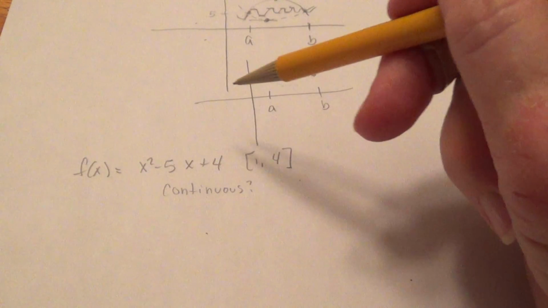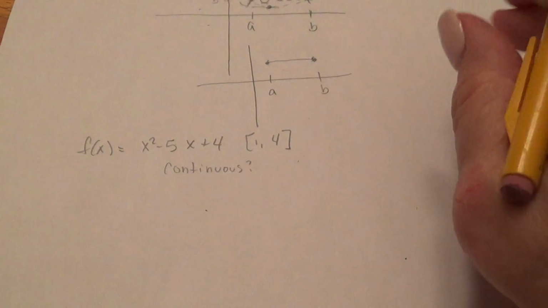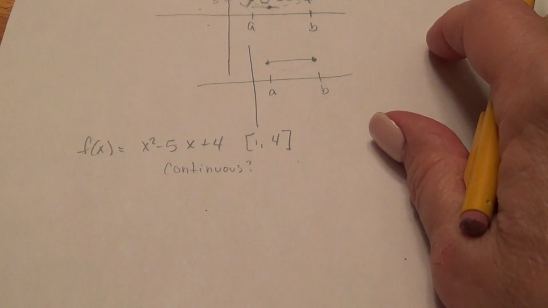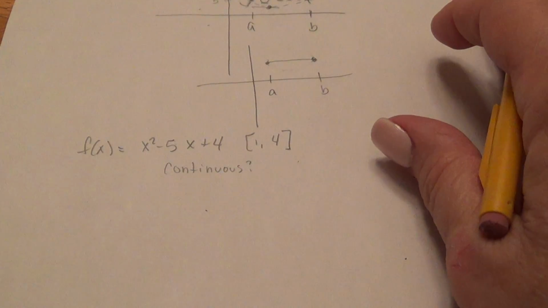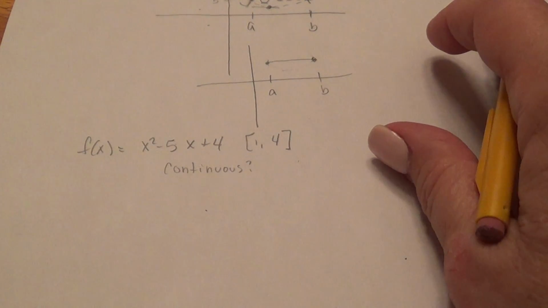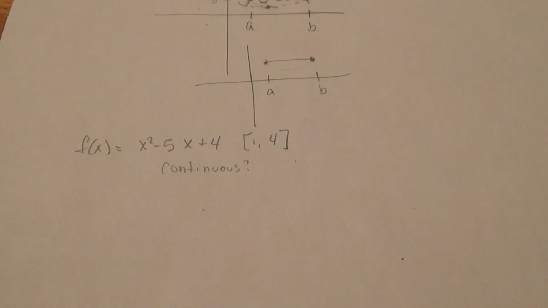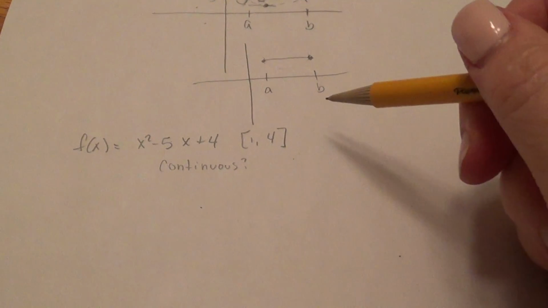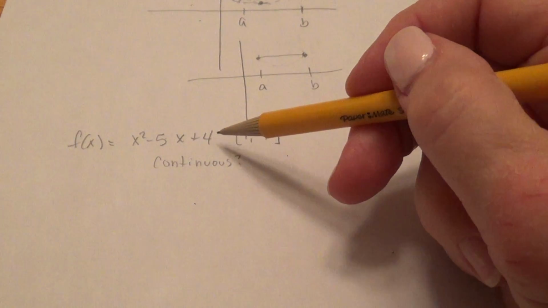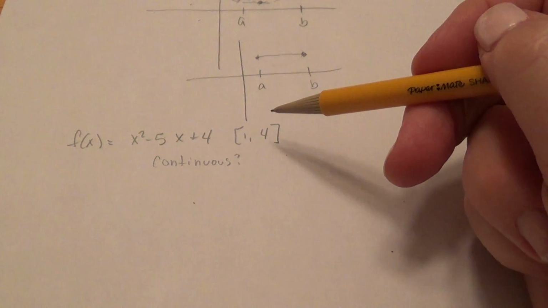I forget the particulars about the polynomial, so let me clear that up for you. I think the exponents have to be whole numbers and the coefficients have to be real numbers. But this is a polynomial. It is a parabola. It is continuous everywhere in this interval.